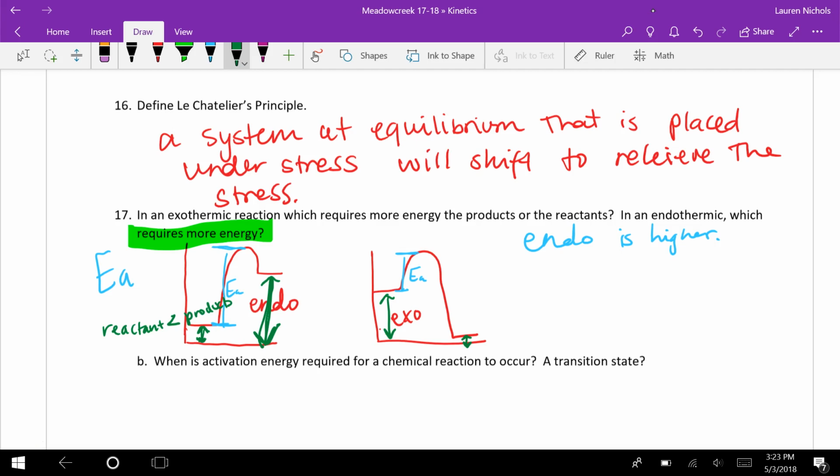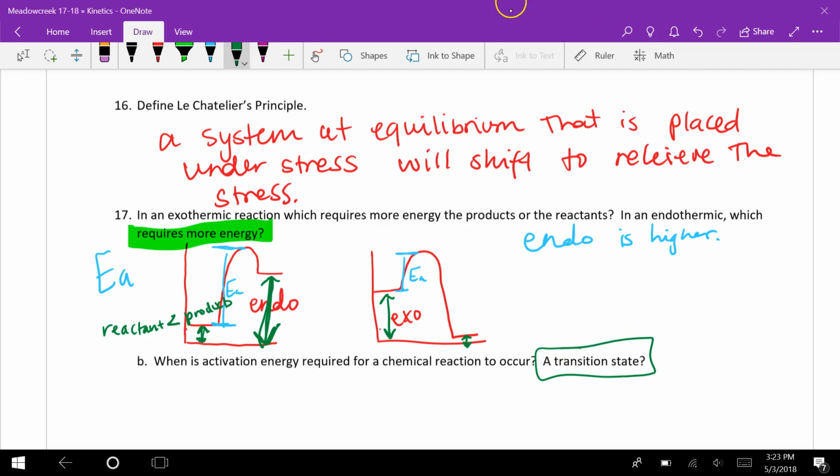And then B, when is activation energy required for a chemical reaction to occur? Every time it collides? I'm not 100% sure what Miss Mullen wanted from this question, but anytime a collision occurs, they have to have it. It has to happen at the beginning, and a transition state only occurs after the activation energy has been reached.